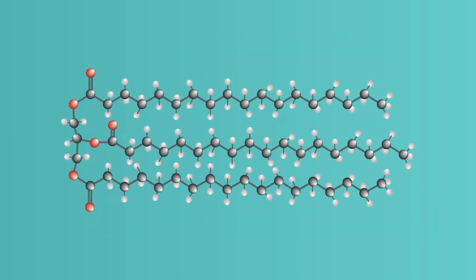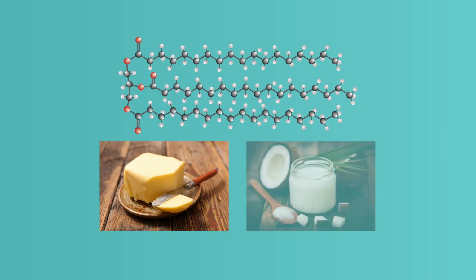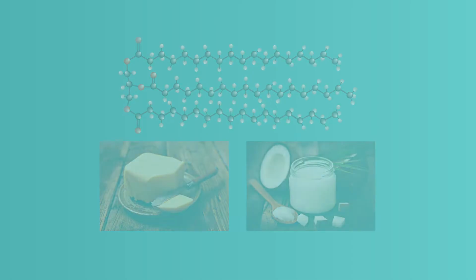This triglyceride molecule contains 3 saturated fatty acids. Since all 3 carbon chains are straight, saturated fat molecules are able to easily pack together, leading them to be solid at room temperature. For example, butter and coconut oil contain a lot of saturated fat and are solid at room temperature.